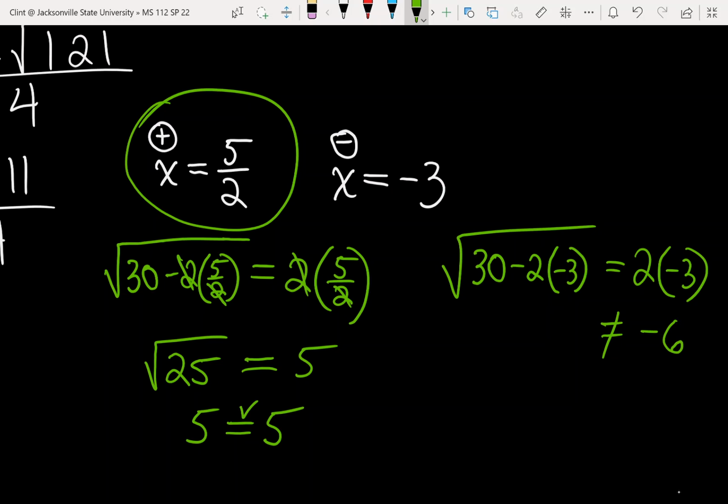So why do I know that's not going to work? That's 30 plus 6, 36, and we get 6. That's not equal to negative 6. I knew right away it wasn't going to work because we can't get a negative out of a square root. So as soon as I saw the other side was negative something, I know that one's not going to work. So one solution.